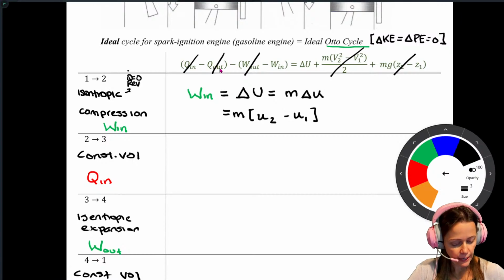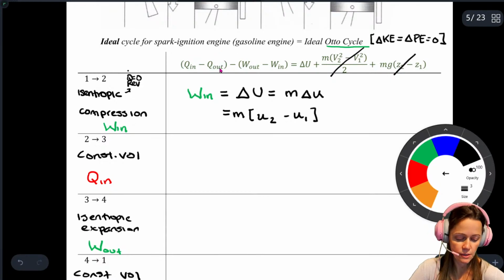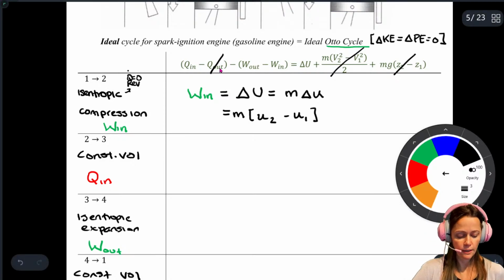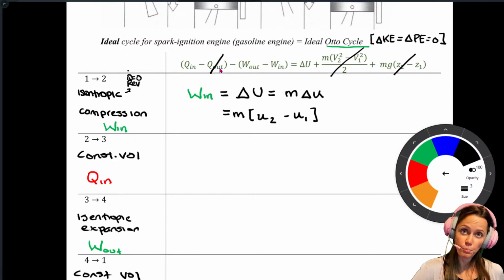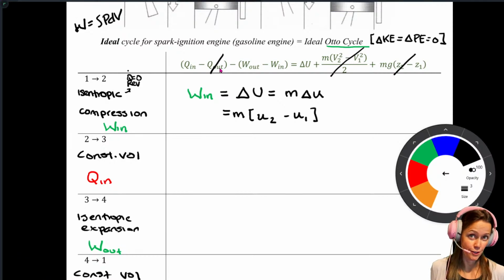All right, and then our constant volume heat addition process. Let's go back through and just cancel stuff out. So it's a Q in, it's not a Q out. And if it's a constant volume process, we don't have any boundary work. Remember, boundary work is the integral of P dV. So if that dV, the change in volume, is 0, then I don't have any of that.